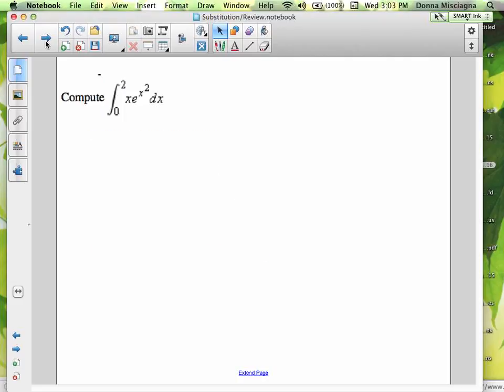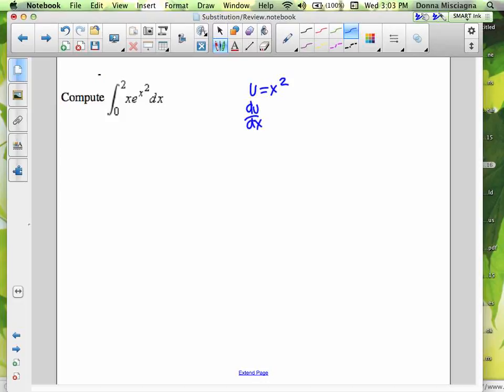All right, so here we have the integral from 0 to 2, x e to the x squared dx. What's going to be our u? X squared. Yep. Then we have the derivative with respect to x. The derivative of x squared would be 2x. So du is 2x dx.